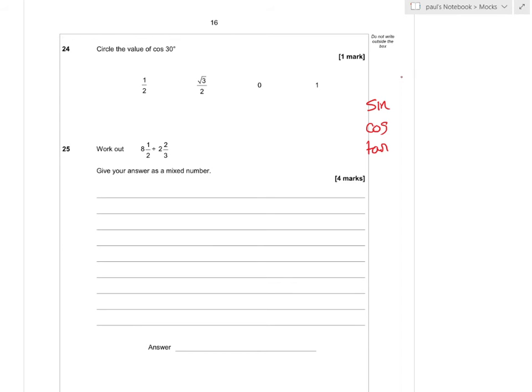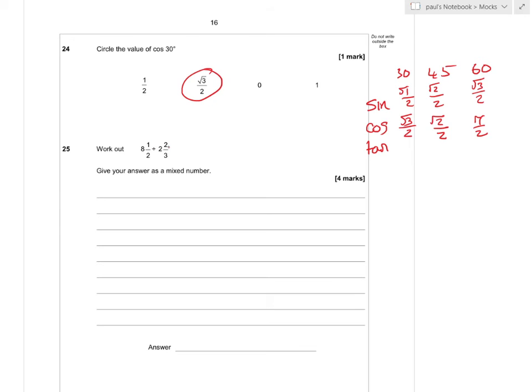So we get 30, 45, and 60. I think it's the square root of 1 over 2, square root of 2 over 2, square root of 3 over 2, and come backwards for cos. Got there in the end, it's that one, yeah?